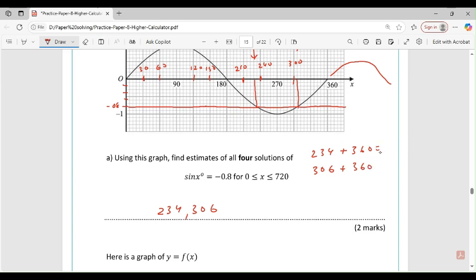So the next two values where this is going to meet are 594 and 666. These are the 4 points where this line is going to be touching at negative 0.8.